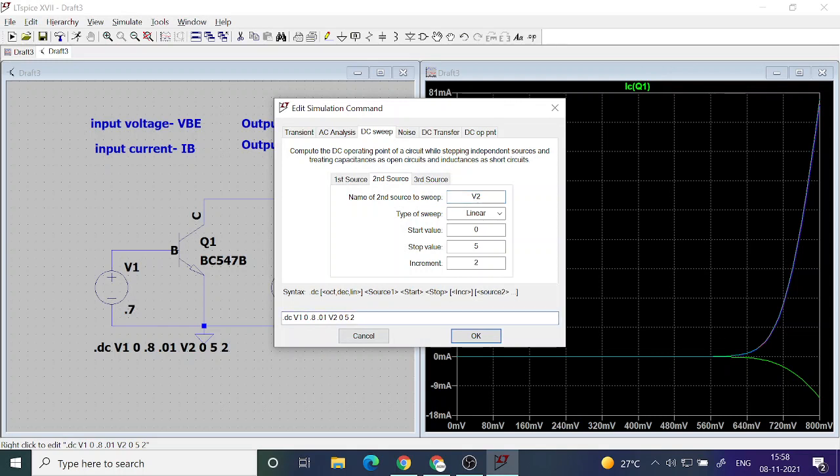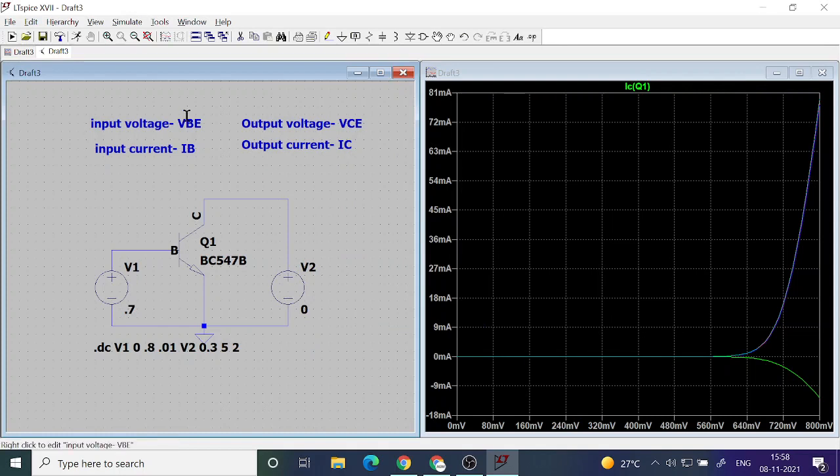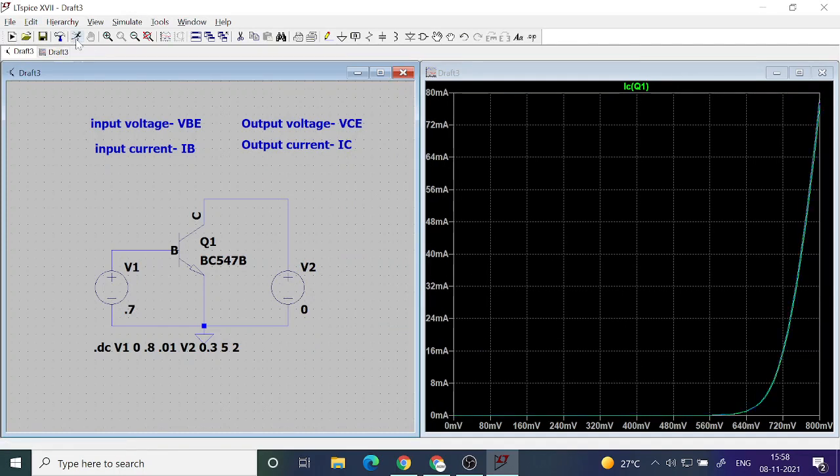So you can put 0.3 here as the starting value, and then the negative current can be avoided. All are positive: 0.3, then 2.3 and 4.3. The 3 curves are all one on top of the other, looking like diode characteristics again.